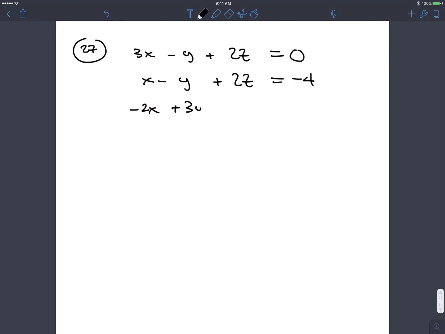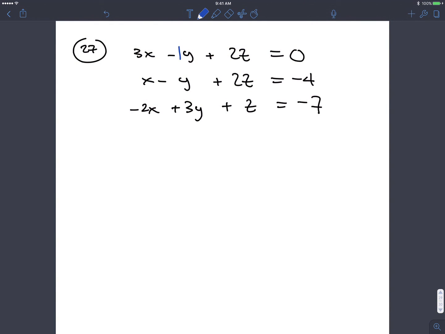Number 27: 3x minus y plus 2z is 0. x minus y plus 2z is negative 4. Negative 2x plus 3y plus z is negative 7.